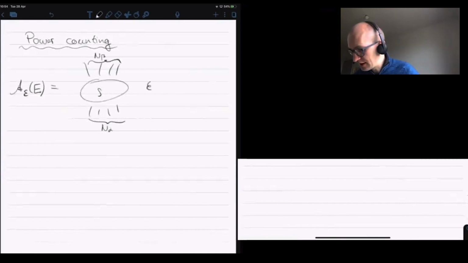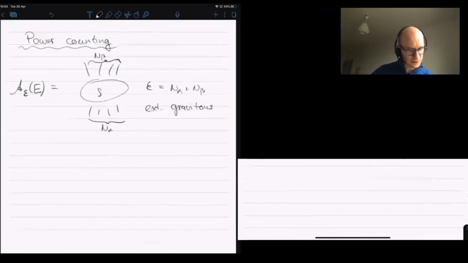And so we have epsilon equal to n alpha plus n beta external gravitons.